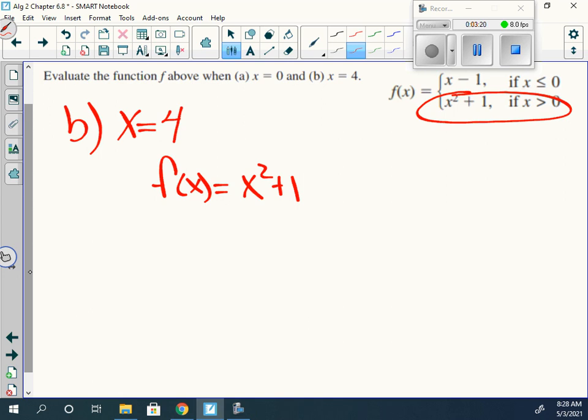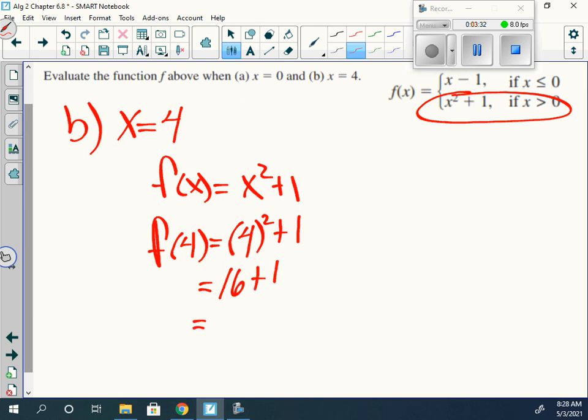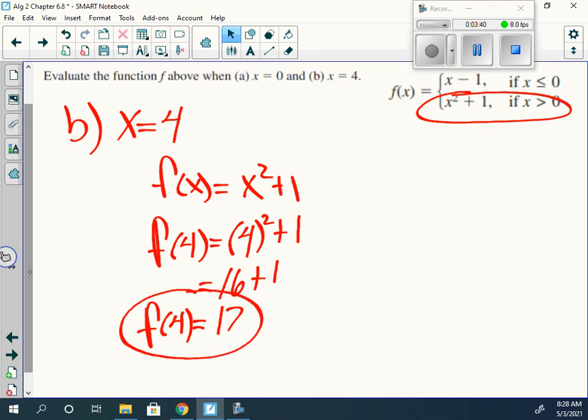And now we can use this to find f of 4. Well, that would be 4 squared plus 1. Well, 4 squared is 16, and 16 plus 1 is 17. So for us here with this function, f of 4 would be 17.